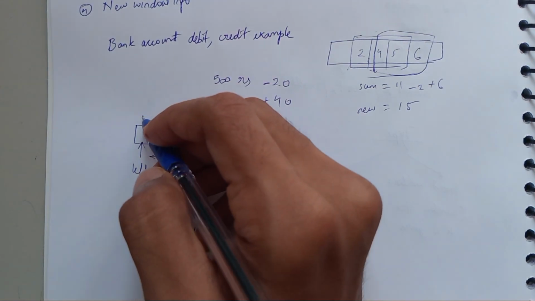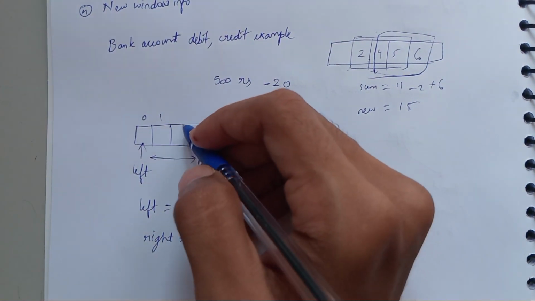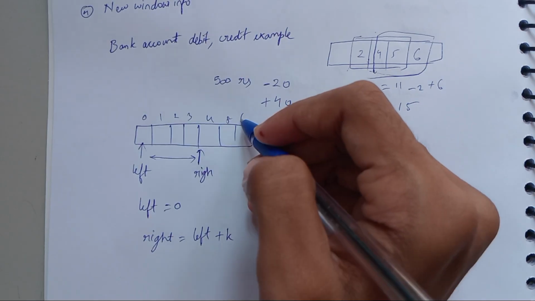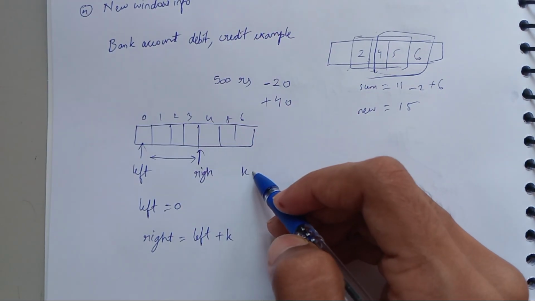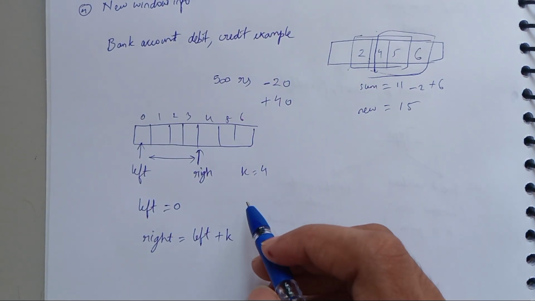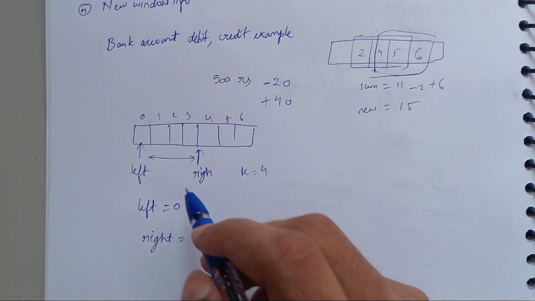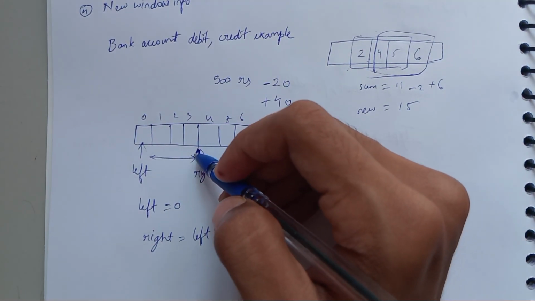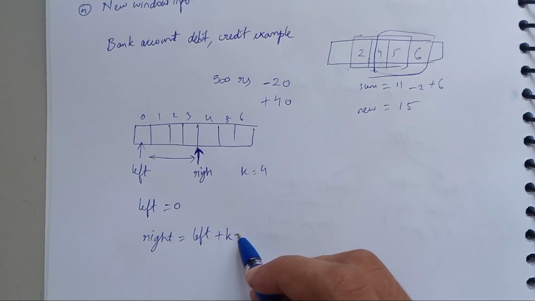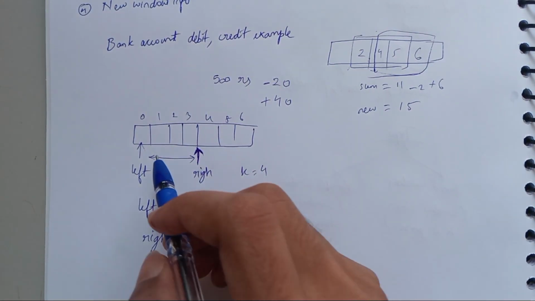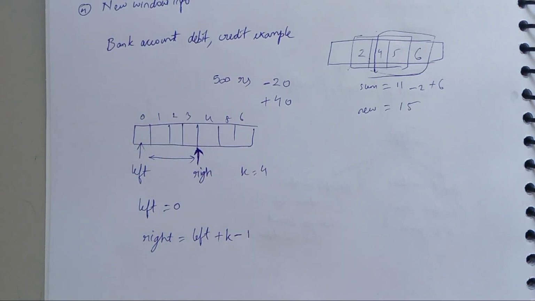The indices are 0, 1, 2, 3, 4, 5, 6. But if we see here, if we do left plus k, that is 0 plus k, it will be 4. But we need the third position pointer. So we need to write k minus 1. So this will be a 4 length window or 4 length subarray.